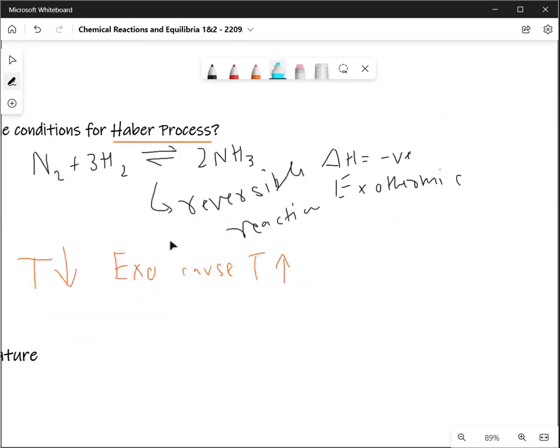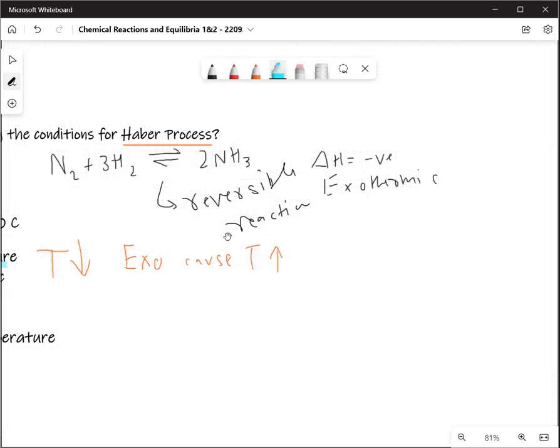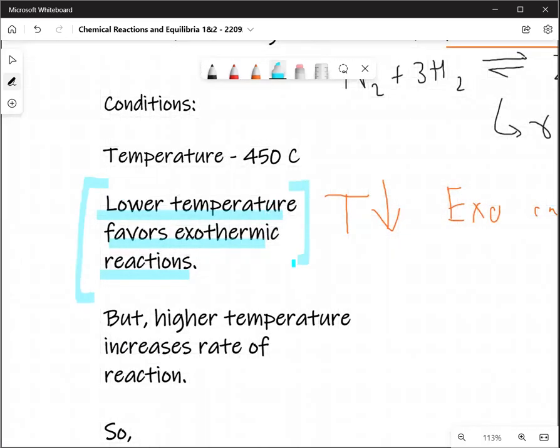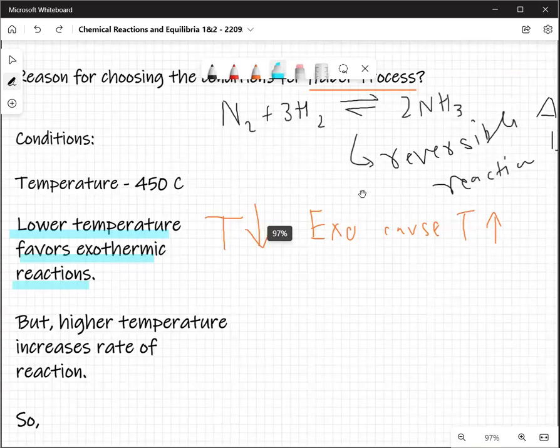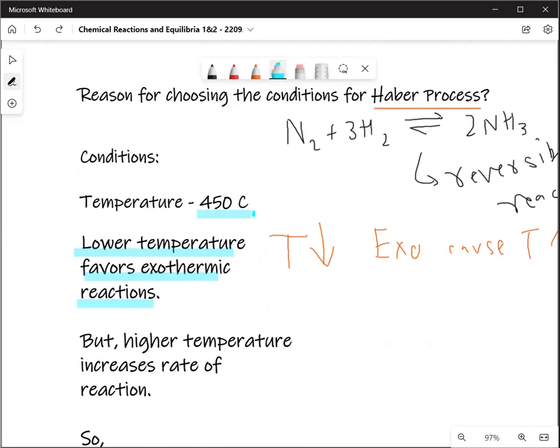Now, is the Haber process exothermic or endothermic? It's exothermic. So if I want this reaction, should I use a low or high temperature? Lower. But is 450 degrees Celsius low or high temperature? It's very high.